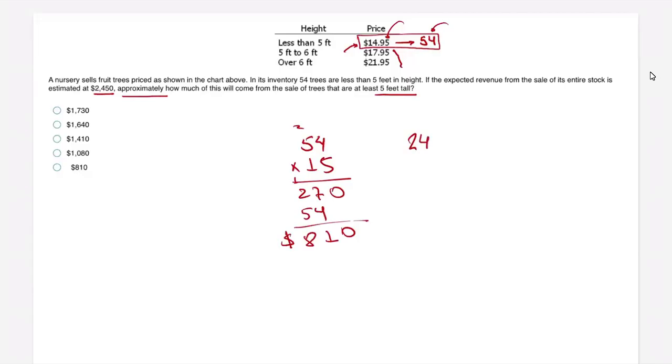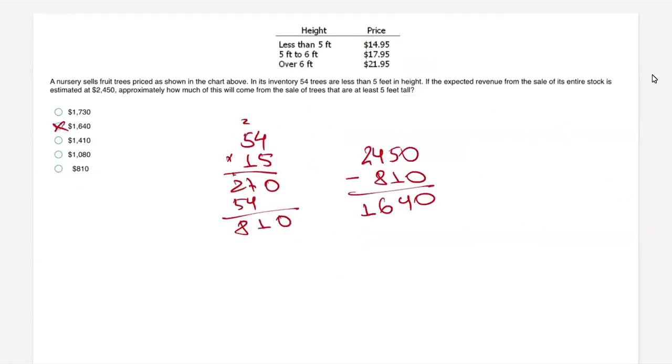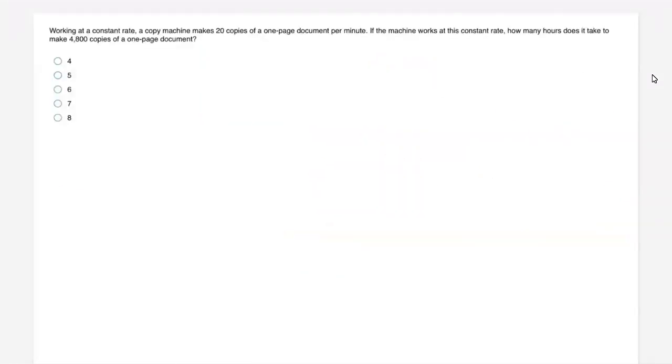So 2,450 minus 810 is 1,640. It's the best way to do. Do you guys agree? Okay. Next one, please.